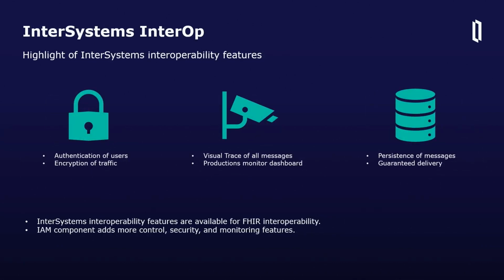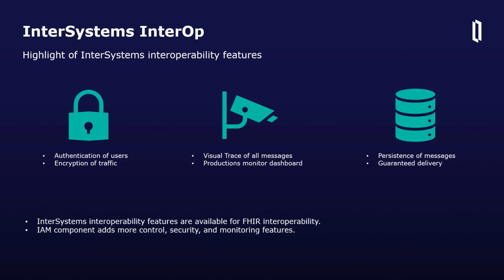So what makes InterSystems such a great platform for interoperability? I like to think of it in 3 points. First, we have security. InterSystems supports robust authentication mechanisms like OAuth 2, LDAP, SAML, and at no extra cost. Not that the ones before that were at cost, but at no extra cost, we also offer mutual TLS. A lot of our competitors don't do that, but we offer it at no extra cost.